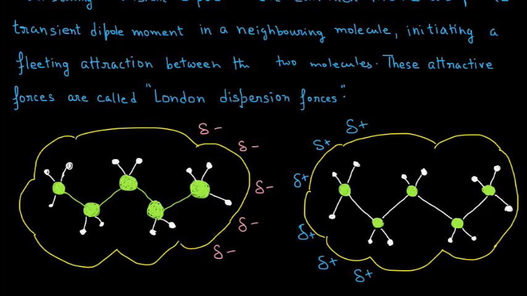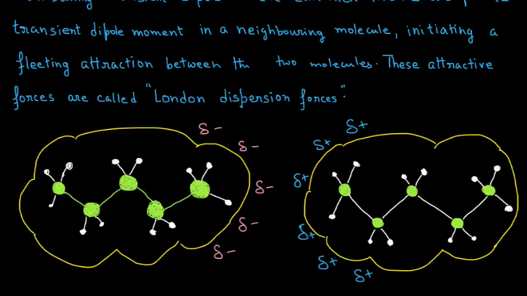While moving, many times they are not in line and some dipole interaction happens, and it develops partial positive and partial negative charges, and therefore an attraction force is developed. This force is called London force.